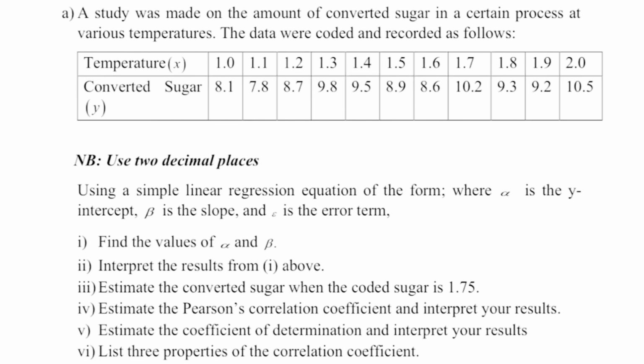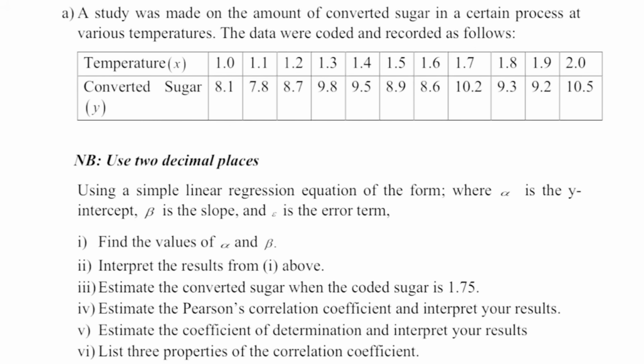Then converted sugar in brackets Y. So you have 8.1, 7.8, 8.7, 9.8, 9.5, 8.9, 8.6, 10.2, 9.3, 9.2, and 10.5. Then they said NB use two decimal places.